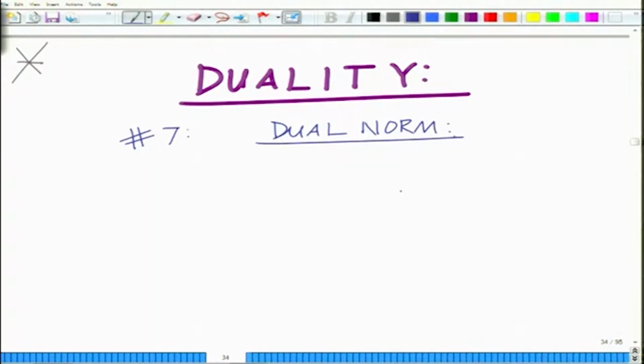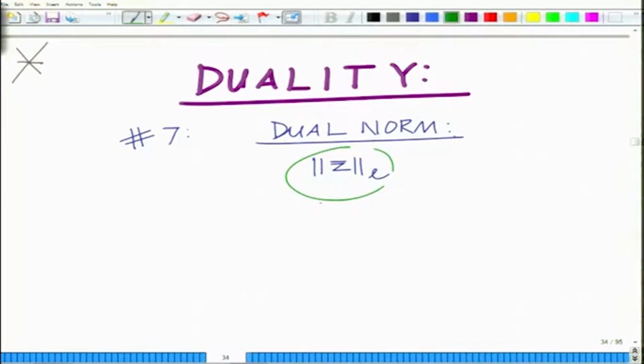Now the dual norm, for instance, if you have a vector x bar and this is the L norm, for instance L can be 2, that is the L2 norm, or 1, L1 norm, and so on.